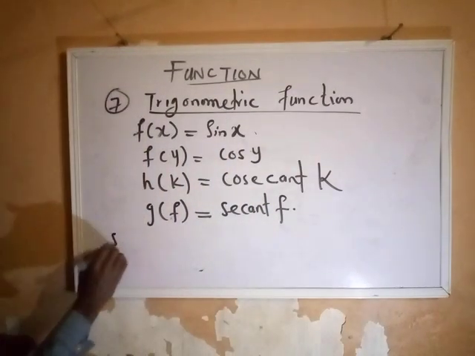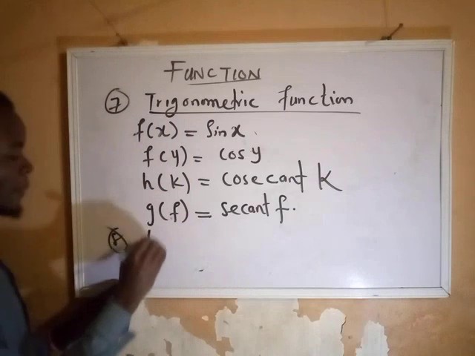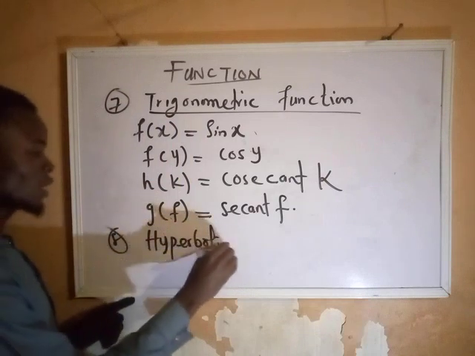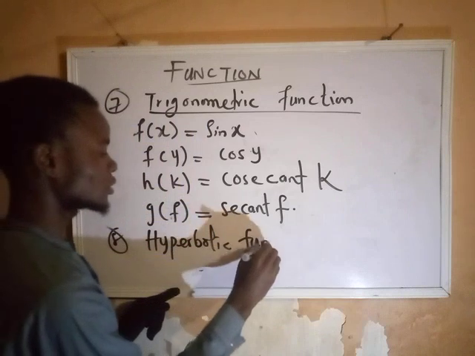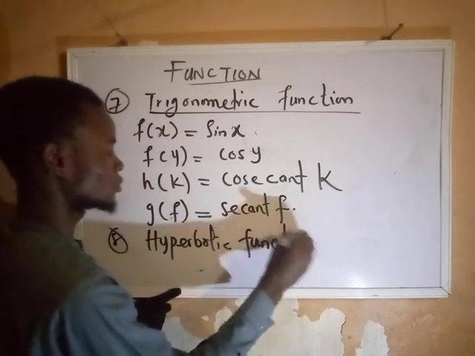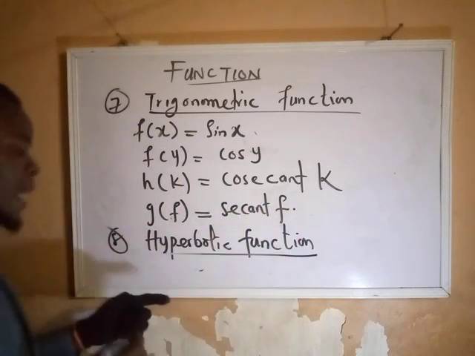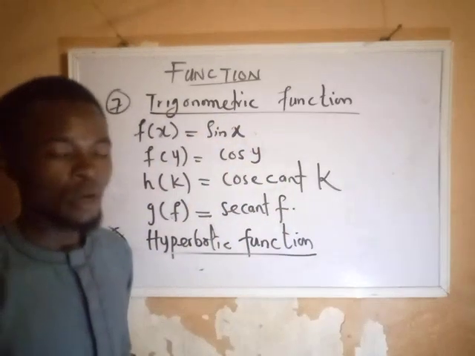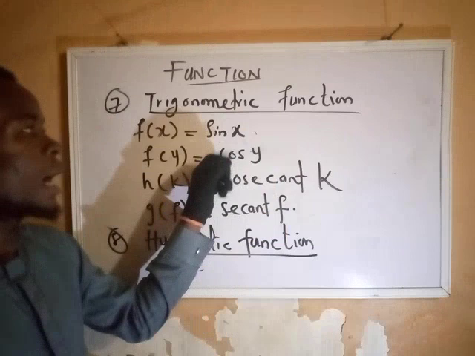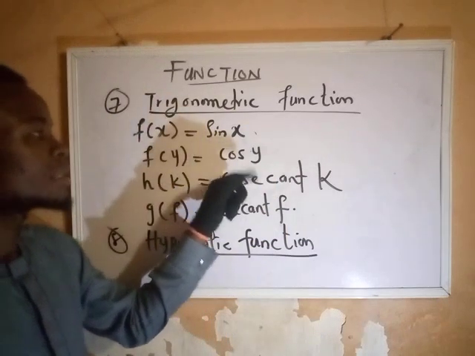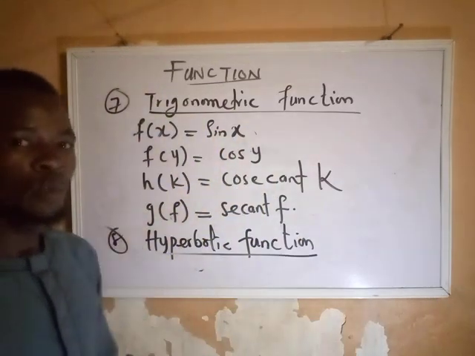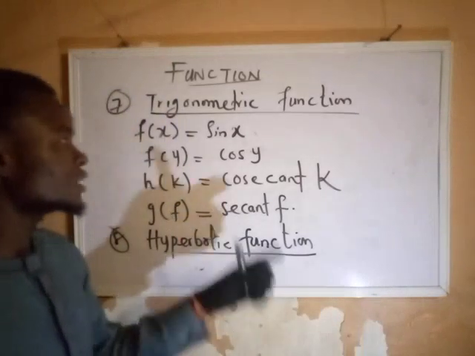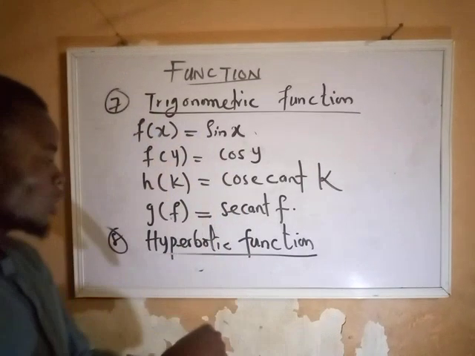Another form of function is number 8, the hyperbolic function. This is another type of function that's related to trigonometry. But the difference is, here I'm only having sine x, cos y, all those things. But when it takes a particular alphabet added to the real function, we call it hyperbolic.